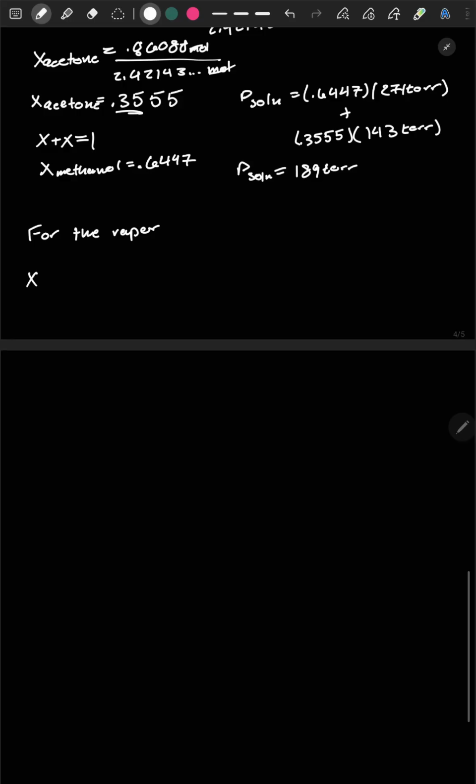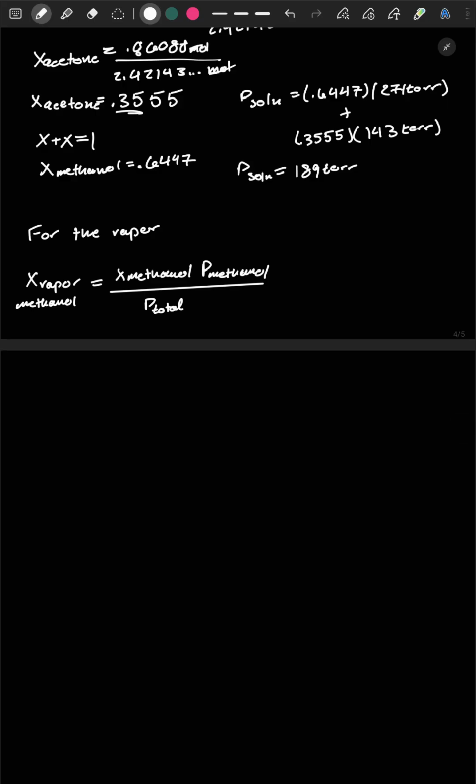The mole fraction in the vapor of methanol is equal to the X of the methanol, or the mole fraction of the methanol, times the pressure of the methanol over the total pressure, which we have all of those.